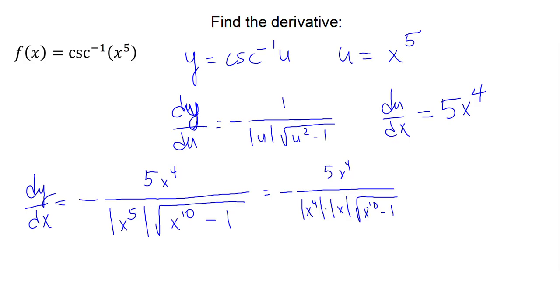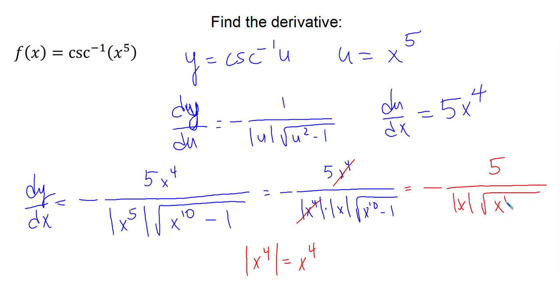So the absolute value of x to the 4th is just equal to x to the 4th, which means I can cancel those two terms. And in the end, we're just left with the opposite of 5 over the absolute value of x times root x to the 10th minus 1.